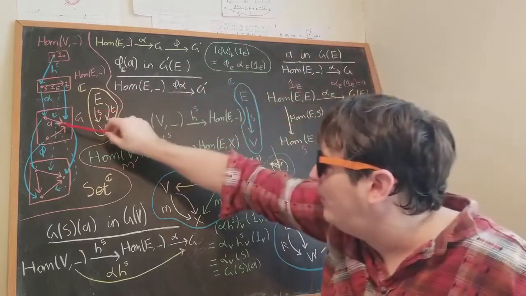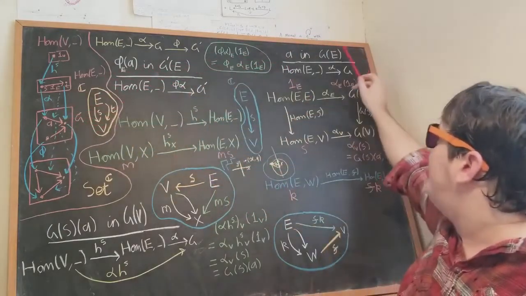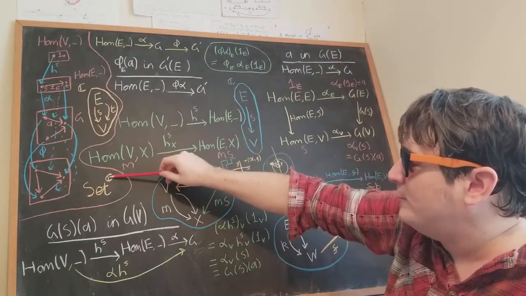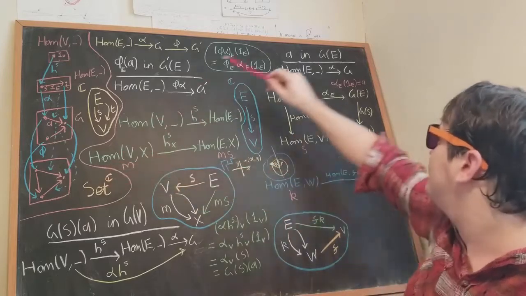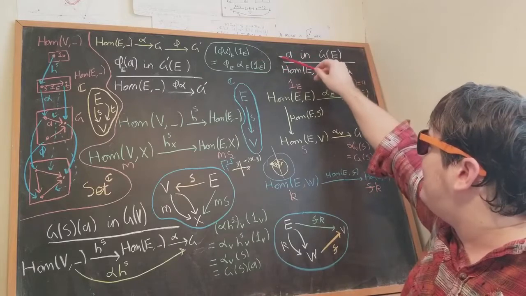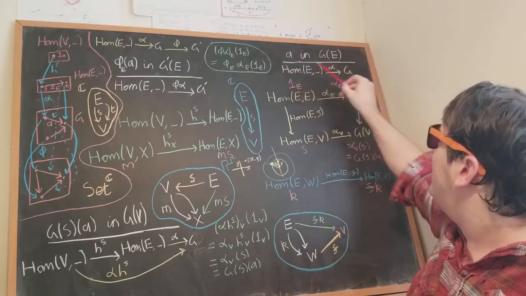In this example, it would be like picking an edge of G. But this is all in general, really. I'm thinking of a general functor G from some general category C to Set. So how do we go from here to here? I'm saying this is an isomorphism, basically.